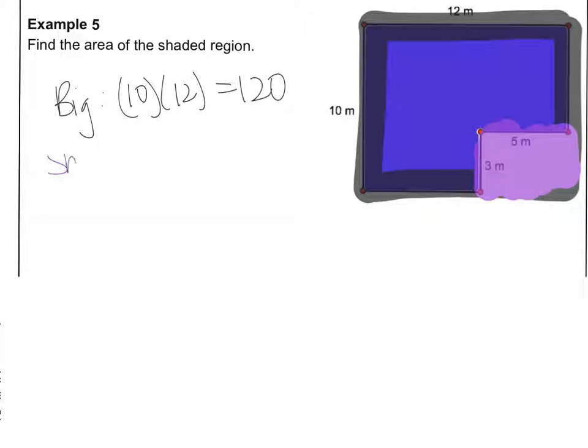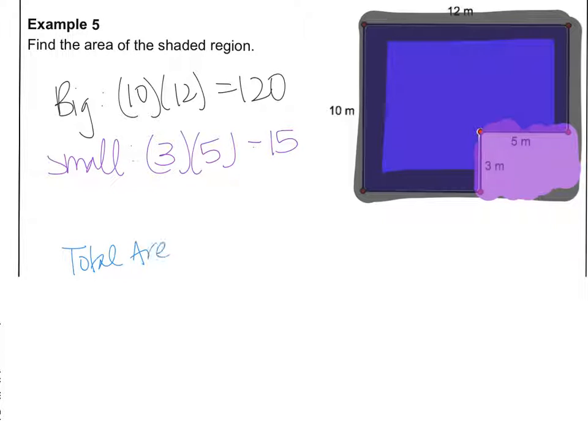To find the area of the small rectangle, we think about 3 times 5. So to find the total area, I'll take the entire figure and subtract the part that I don't want to include and end up with 105 square meters.